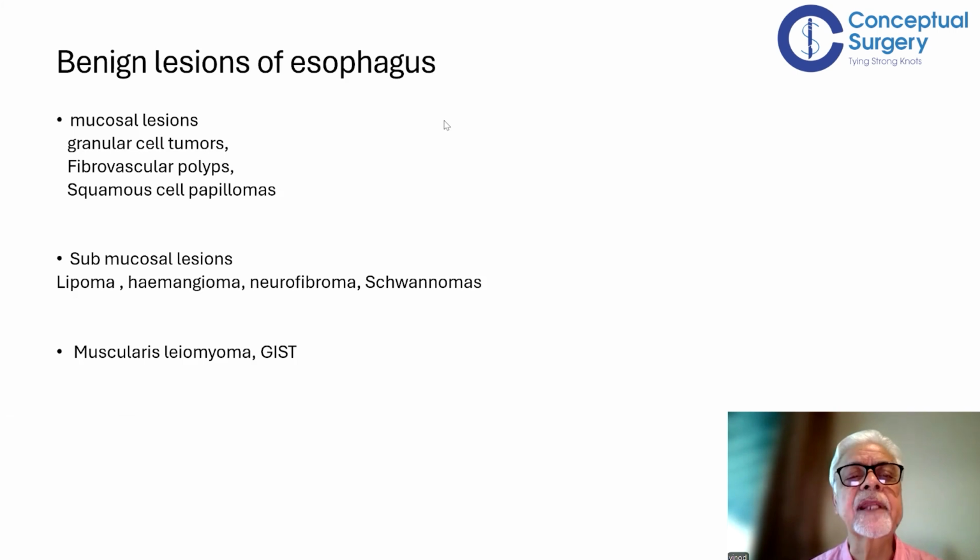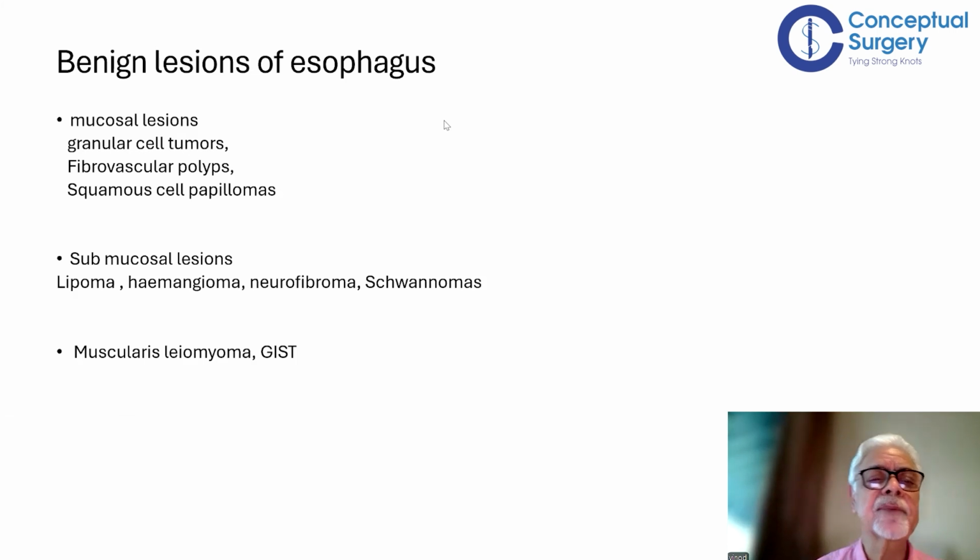These could be granular cell tumors, quite uncommon. Generally, the Schwann cell is supposed to be the cell of origin. Fibrovascular polyps, like anywhere else, polyps can appear on any mucosal surface, and these are very innocuous polyps which may be present in the lumen, and they are very rarely symptomatic.